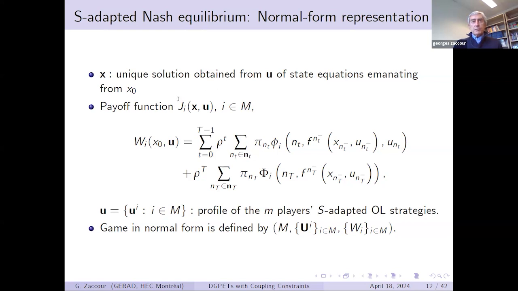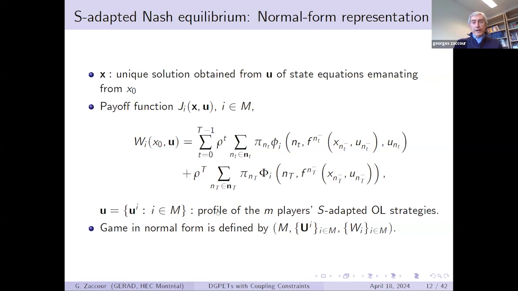Once you have done this, the payoff function that I defined as a function of the state and control can now be written only as a function of control or the strategies. Simply by doing this trick, you change x by the right-hand side of the dynamics for any node and a terminal node nT. So now your payoff function is written simply as a function of the strategy and the initial state.